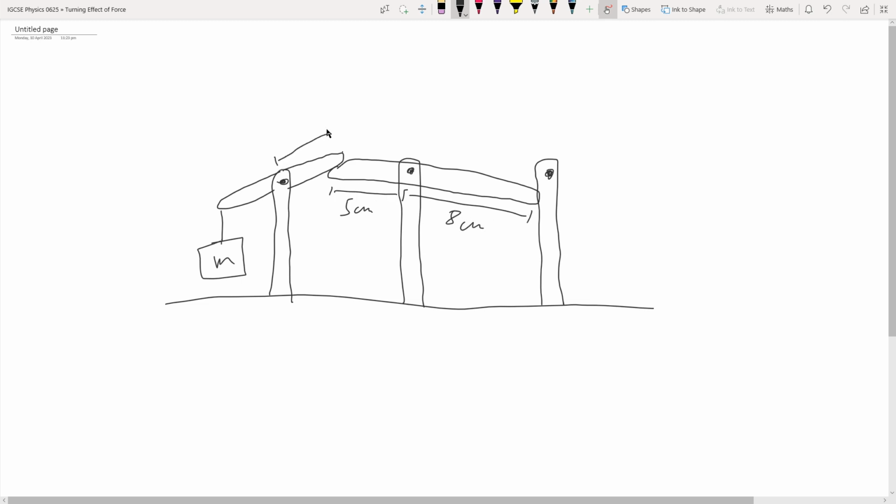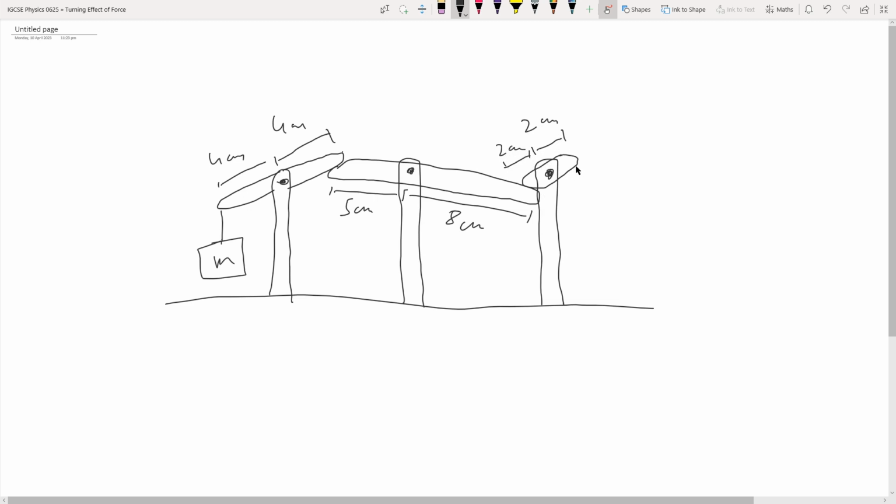This is actually 4 centimeters, and also this is 4 centimeters for the pivot. Over here we have a small little rotating bar, right? We have a small little one, and that is just 2 centimeters on each side.